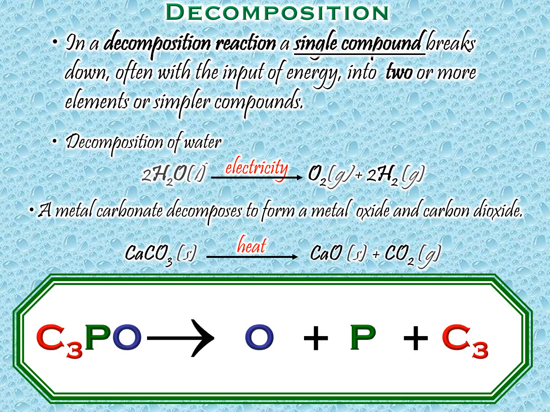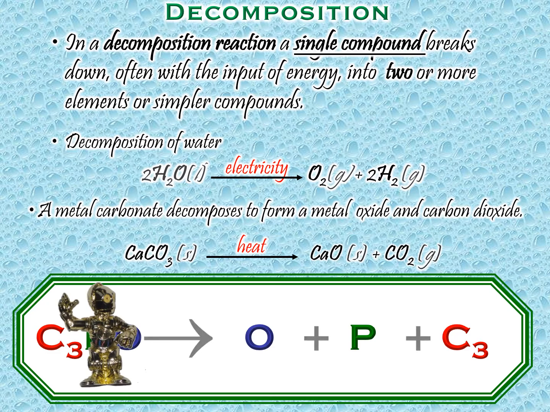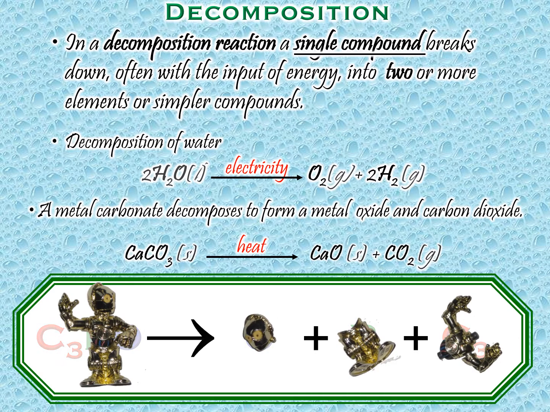Okay, so there's a few different examples. Well, the toy example on the bottom is C3PO. I took my child's toy, a C3PO. It just turns out he was designed to break into his parts, the O, the P, and the C3. An example of this from chemistry, a real example, is the electrolysis of water.